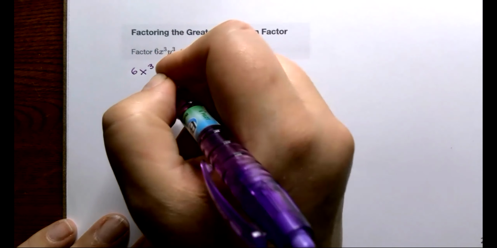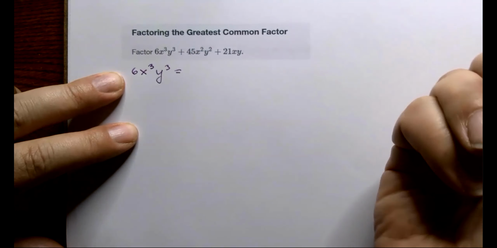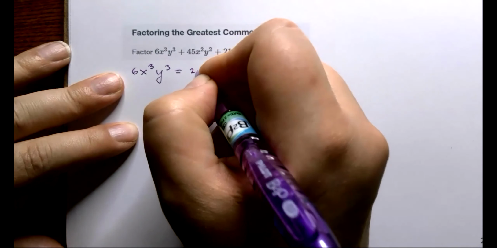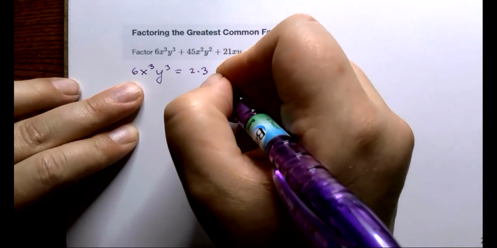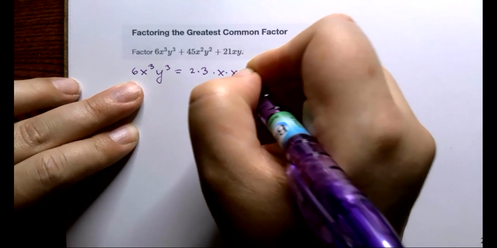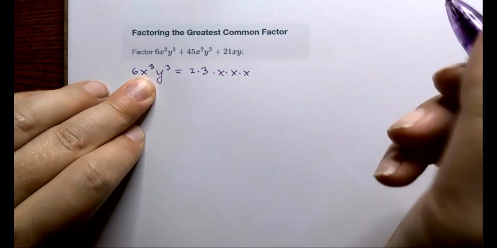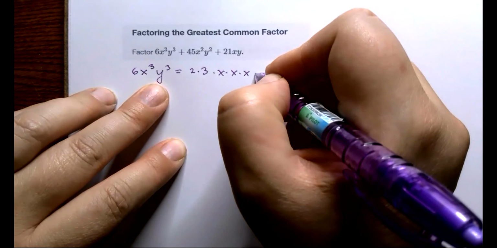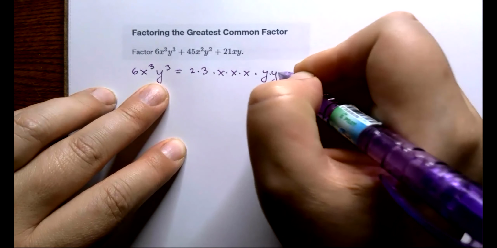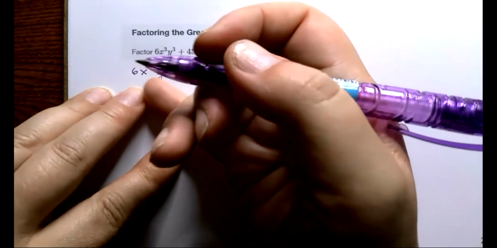So 6x cubed y cubed is, well, 6 decomposed will be 2 times 3. And then you have 3 factors of x. That's what x cubed means. And then you have 3 factors of y for this term.